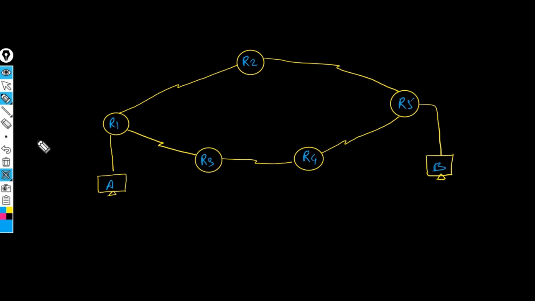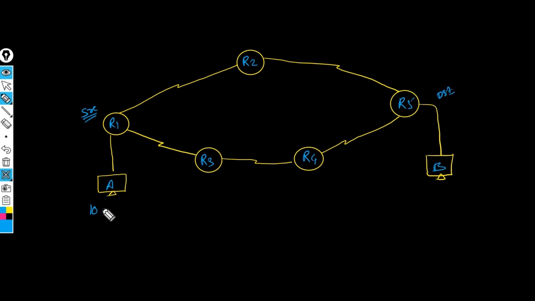Now say for example we have this as the source and this I am considering as the destination router. Now from this router 1 to reach this particular router 5 we have two different paths. Let me give you a little more additional information.